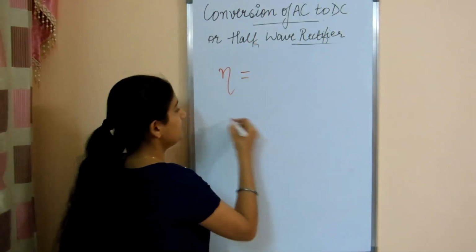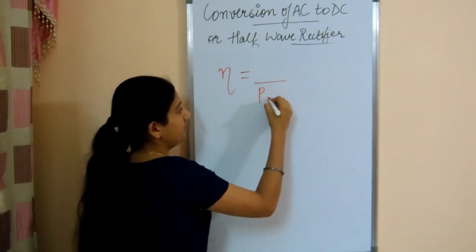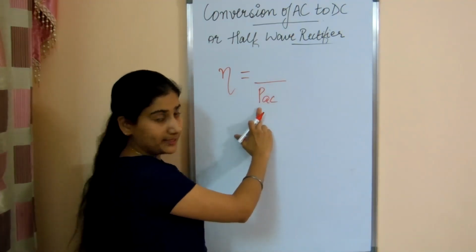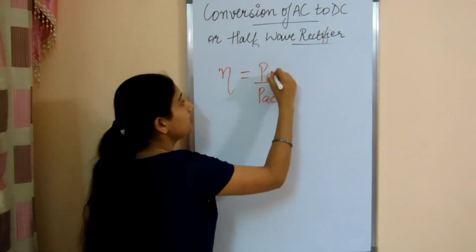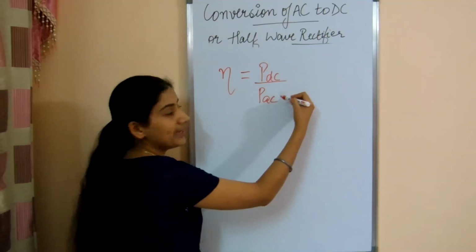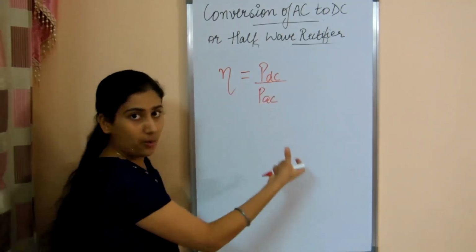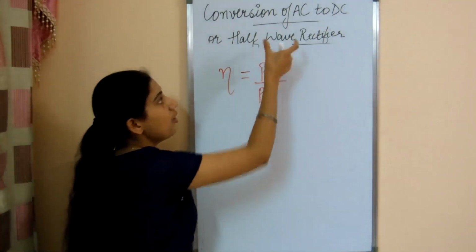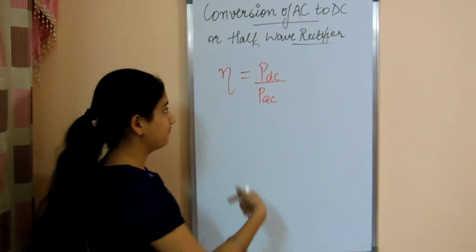So I have given AC power, I have given AC voltage. Now I am going to check the ratio of the output DC voltage to the AC voltage. So this is how I am going to check the efficiency of the half wave rectifier.